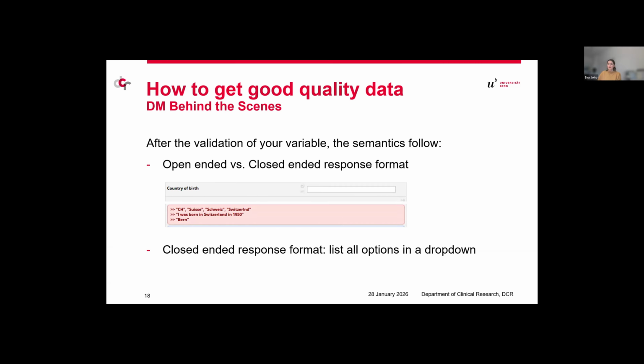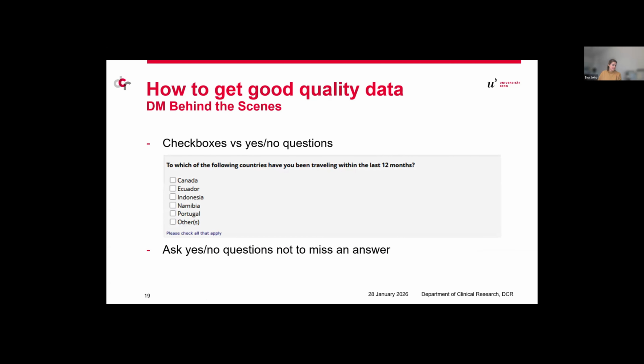Another thing is checkboxes versus yes/no questions. Here you can see multiple choice checkboxes about the question if you have been traveling within the last 12 months to one of the following countries.